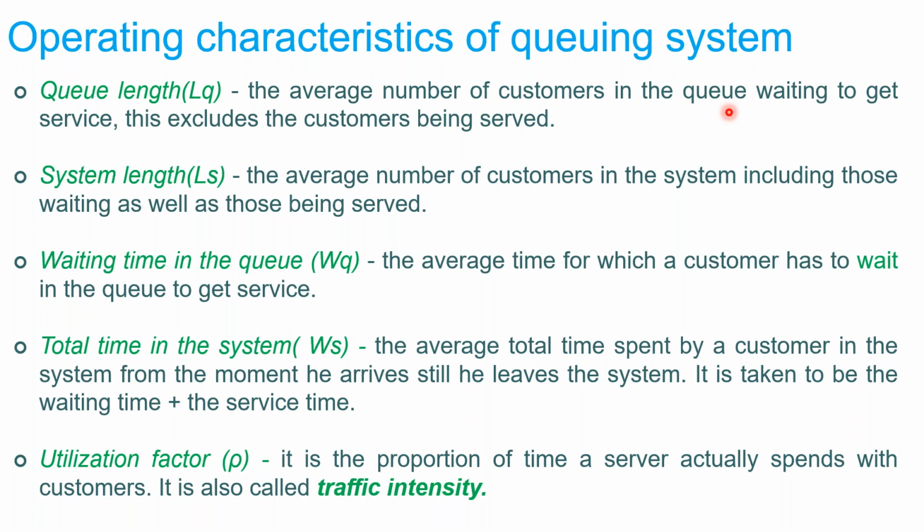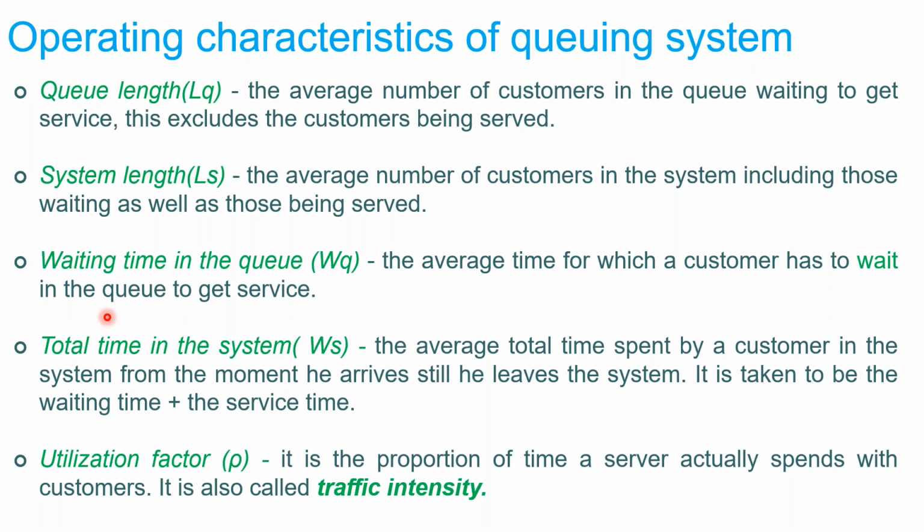Say we are at a petrol pump or at a petrol station where we have gone for filling our petrol tank. Now we have to wait for some time because most of the time there is always a queue for the petrol refilling, right?